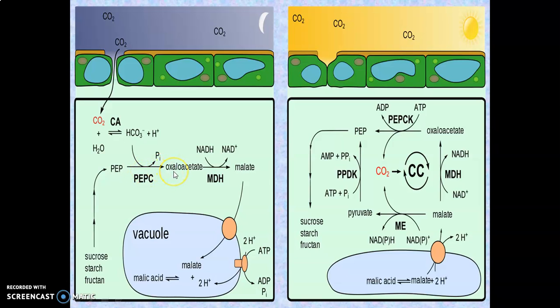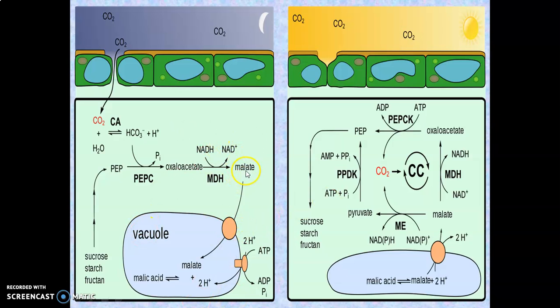Now the oxaloacetic acid is converted into malate or malic acid in the presence of the enzyme malate dehydrogenase. So here in the mesophyll cells the malate or malic acid is formed during the night time.